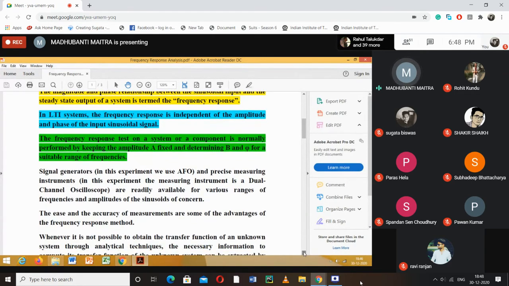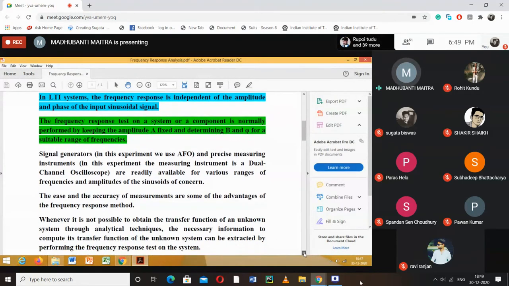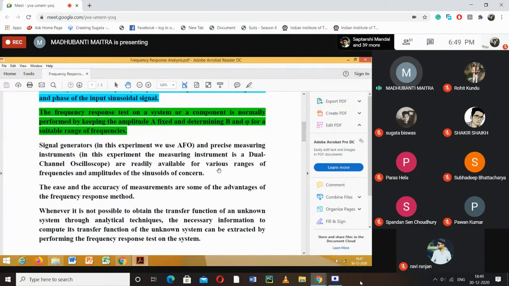In this experiment, we'll use an audio frequency oscillator, and precise measuring instruments will be required. The measuring instrument here is a dual channel oscilloscope. These instruments are readily available, and very easily we can generate sinusoids having various ranges of frequencies and amplitudes.